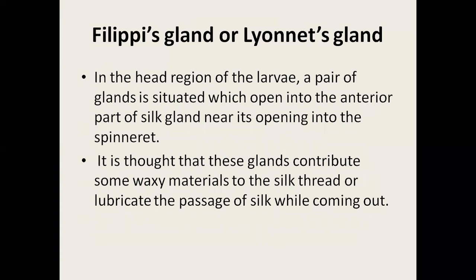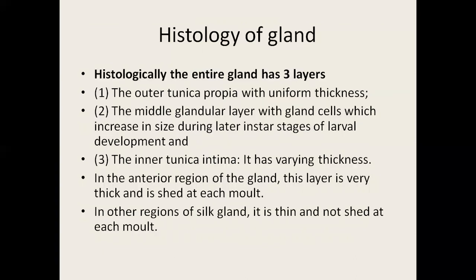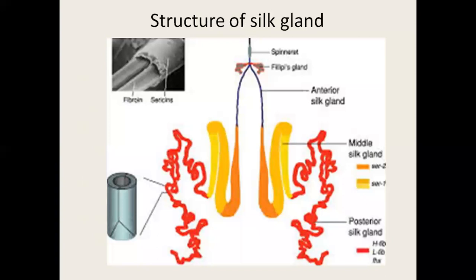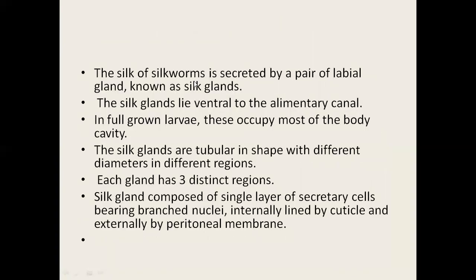Filippi's glands, or Lyonet's glands. At the head, a pair of glands is situated which opens into the anterior part of the silk gland, near where it opens into the spinneret. So this is Filippi's gland, attached to the spinneret.